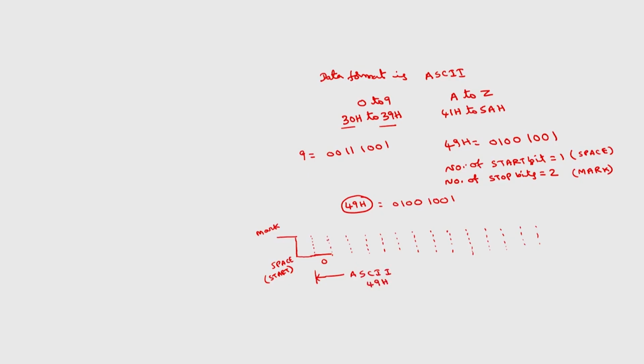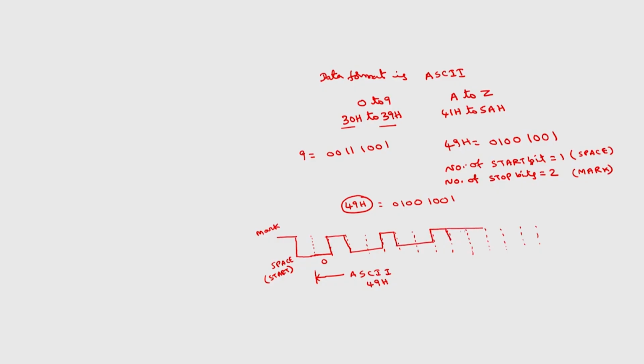Then we have 1, then 2 zeros, then single 1, then 2 zeros, then 1, then followed by 2 stop bits.